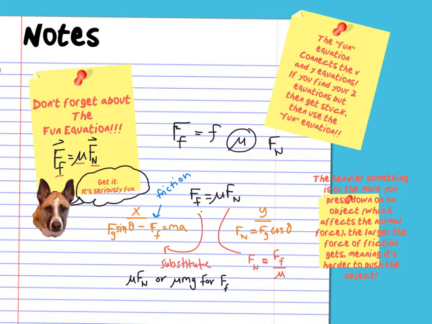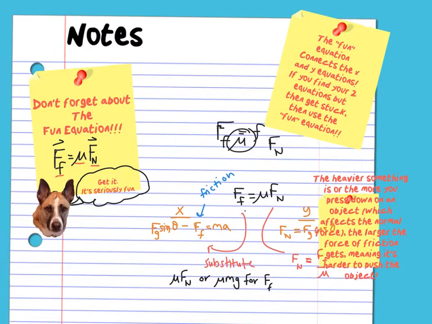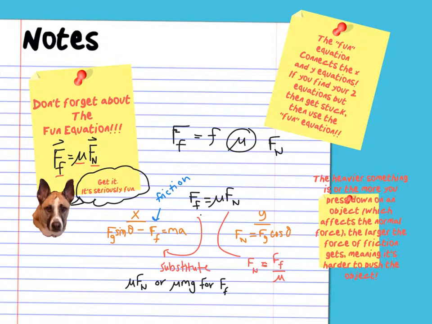Okay, I now wrote down two equations that it's very possible that you have in a problem. Okay, so the x equation and the y equation. And now let's suppose that you have to solve for the mass, or you have to solve for the coefficient of friction. If you look at these two equations, they don't have those in there. But if you use the fun equation, you can find it.